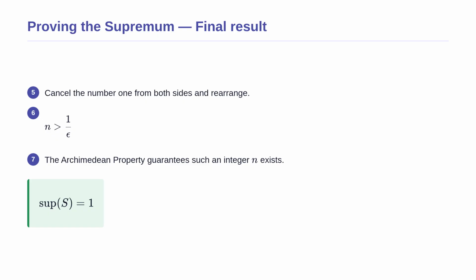Because epsilon is a microscopic fraction, 1 divided by epsilon becomes a massive number. However, the famous Archimedean property in mathematics guarantees that no matter how incredibly large a number is, we can always find a whole integer n that is bigger than it. Because this integer n always exists, an element always pops above the lowered ceiling. This completes our proof, confirming our supremum is exactly 1.